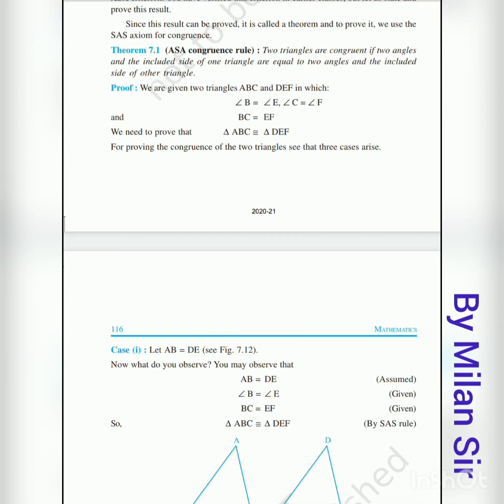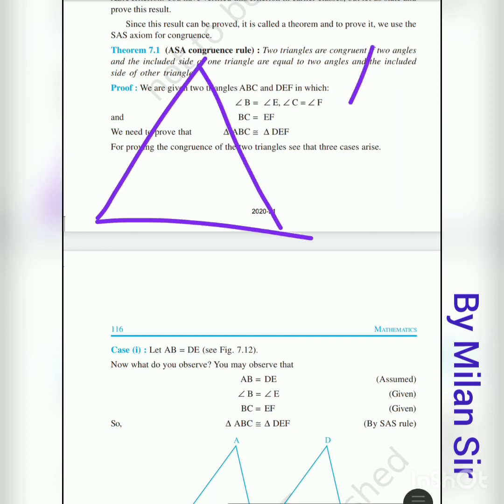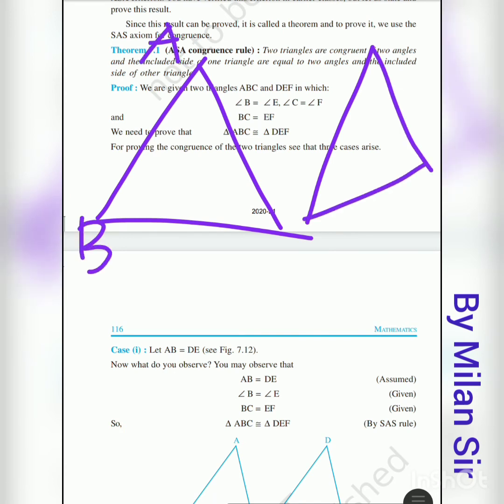Okay, so in a similar way to side angle side, we have a second criterion, angle side angle. So first of all, draw the two triangles ABC and PQR. Now here, we want angle side angle, right?